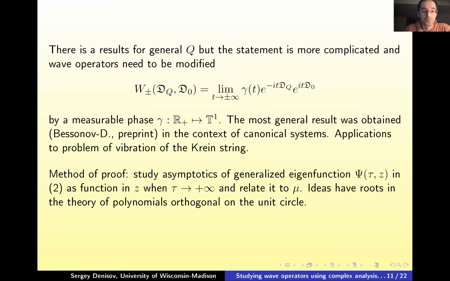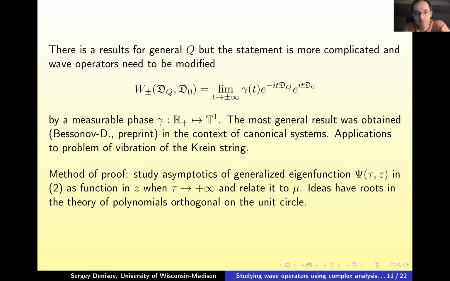And so what you have to do, in fact, is study the asymptotics of the generalized eigenfunctions psi when z is fixed in the upper half plane and this parameter tau goes to infinity. So you do that first and you relate this asymptotics to the properties of mu, and then you do your analysis, and after some work you get all these characterizations.